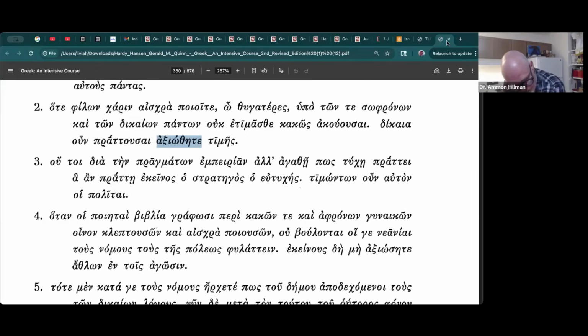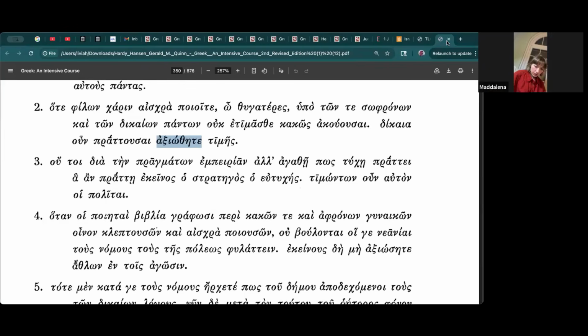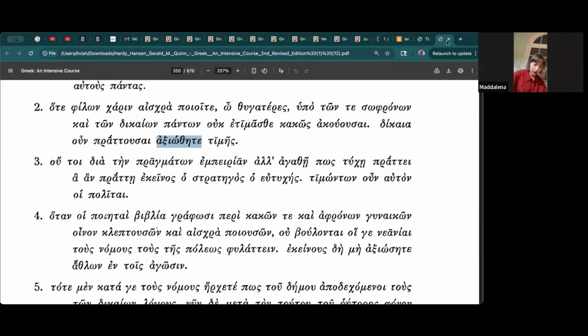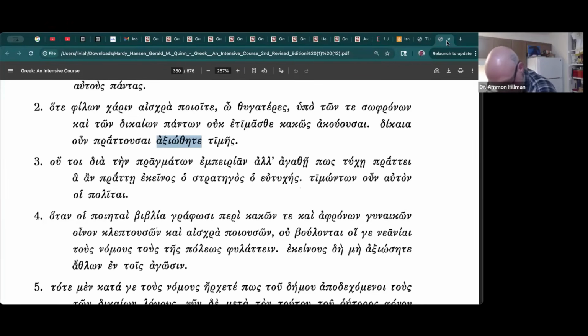Axiothete. What about that ending, the ete ending? What can that be? On page 311, they're emphasizing these freaking imperatives, right? So on page 311, under the aorist imperative passive on the far right side of the page, we've got one example there, ete, a second person plural imperative, an aorist imperative, but it's passive.